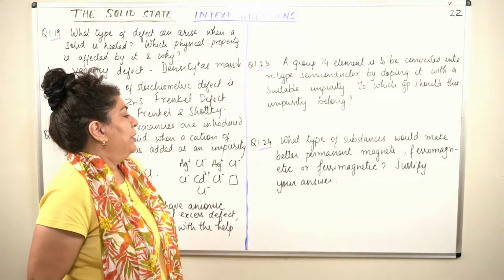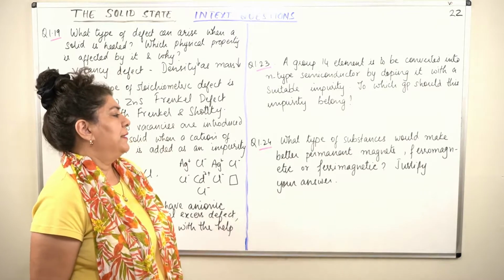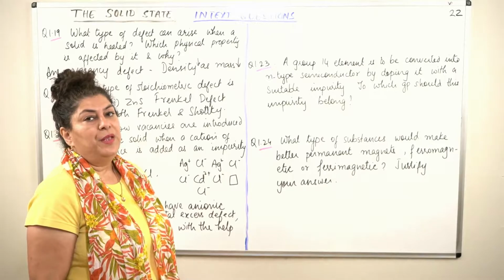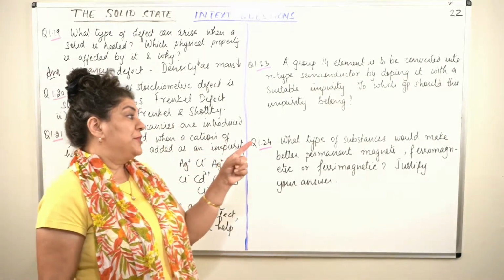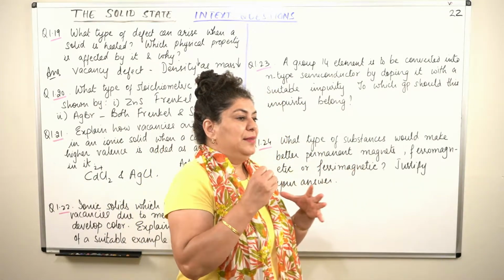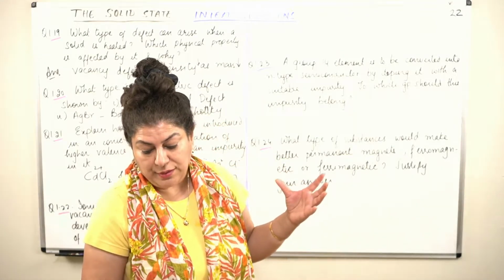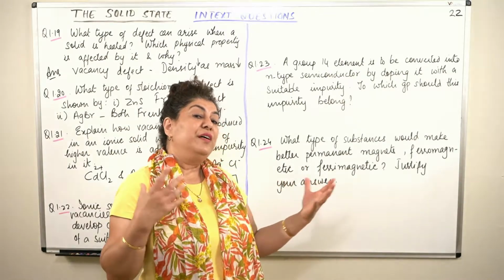Question 1.24. What type of substances would make better permanent magnets? Ferromagnetic or ferrimagnetic? Justify your answer. We've studied about the magnetic properties of solids, and we know that ferromagnetic substances are those substances in which the electrons, or rather the domains, align themselves completely in the presence of a magnet.